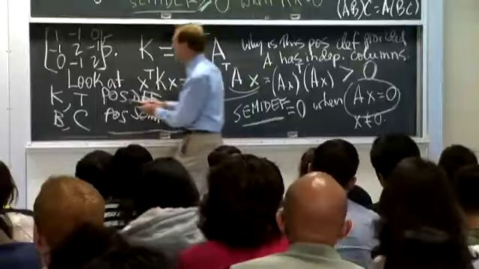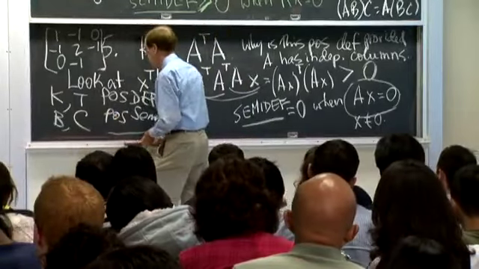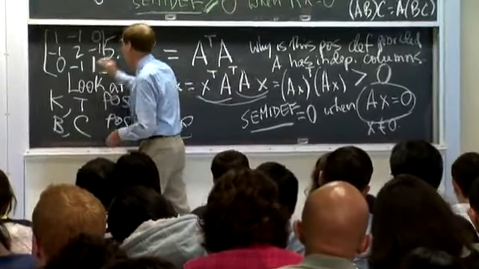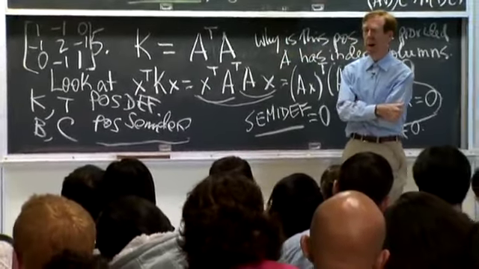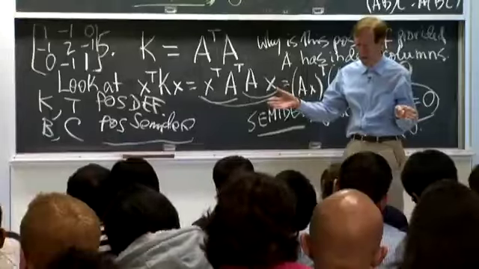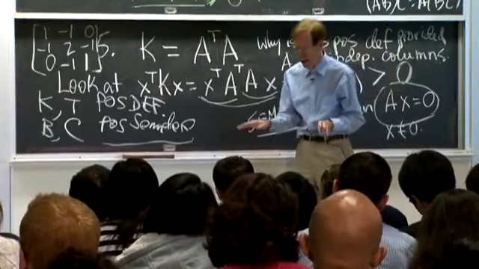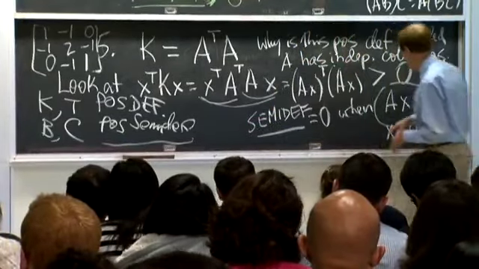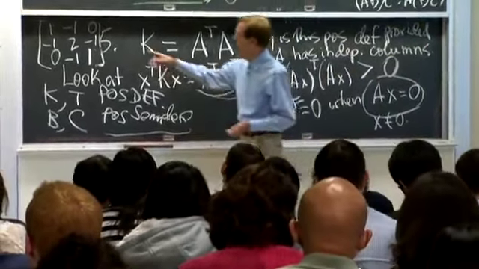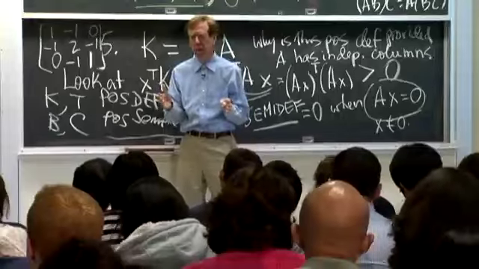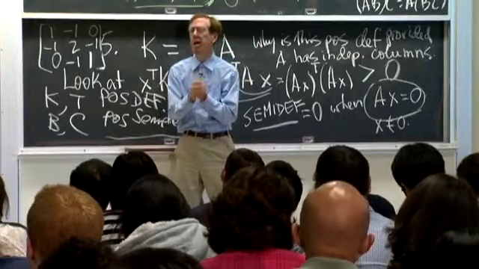Let me make a case of dependent columns. So I'm going to make it B now. Now, the columns of that matrix are dependent. There's a combination of them that gives 0. They all lie in the same plane. There's a solution to that matrix times x equals 0. What combination of those columns shows me that they are dependent?